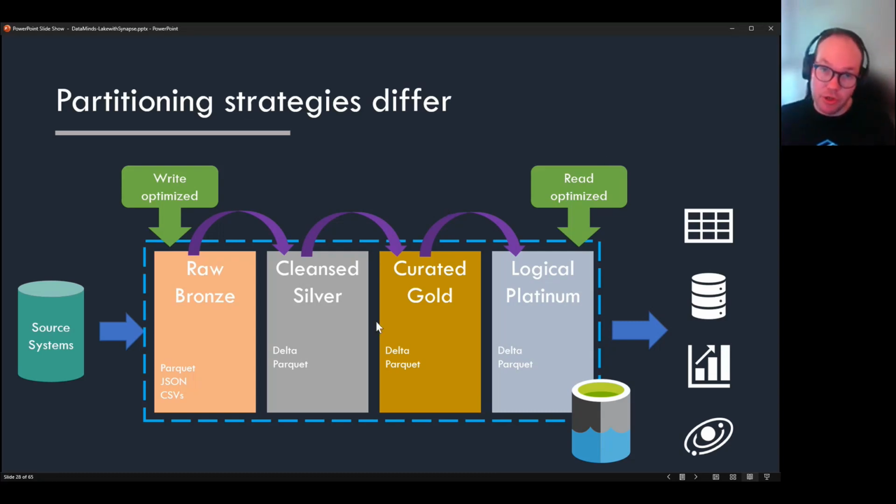Repartitioning the logical or the curated layer is something that customers will do. When they first implement the Lakehouse architecture, they'll probably have to do it within a month or so. And then maybe they'll wait 3 months and they'll have some subtle changes that they're going to make to their partitioning strategy. And you kind of go from there. Obviously repartitioning your data, which means rewriting it out, reorganizing everything, is a relatively costly endeavor.